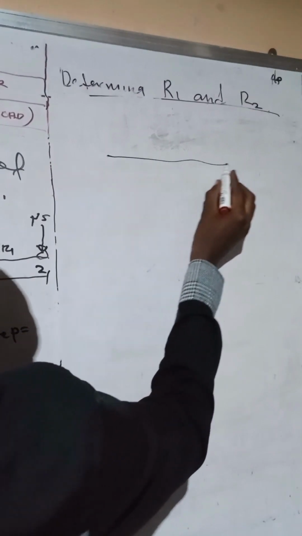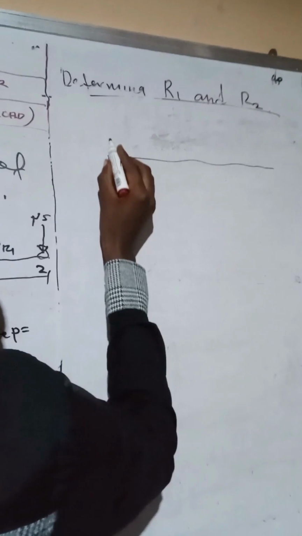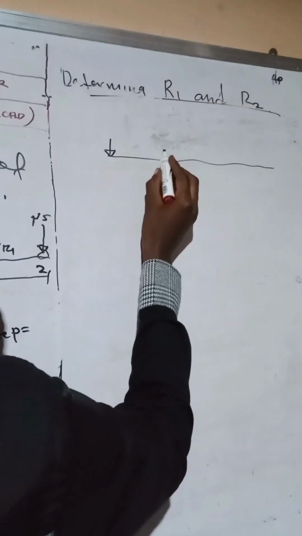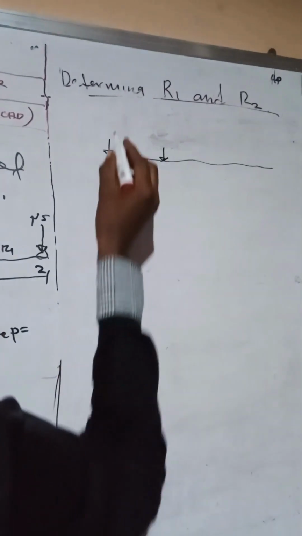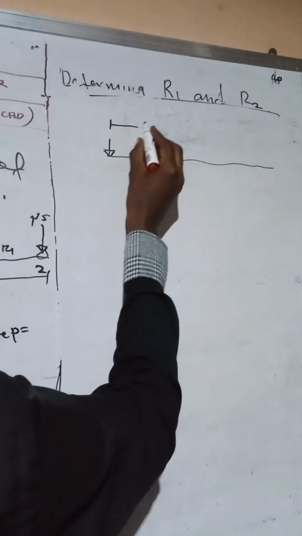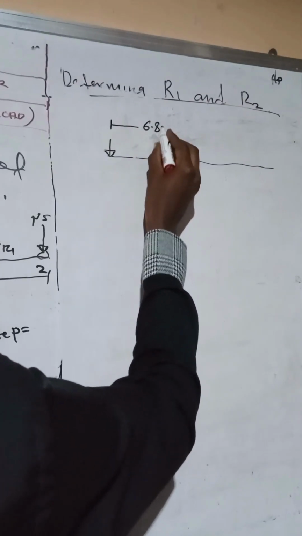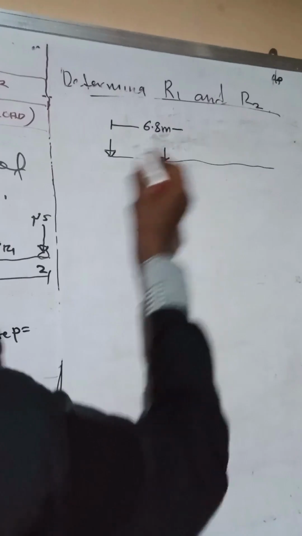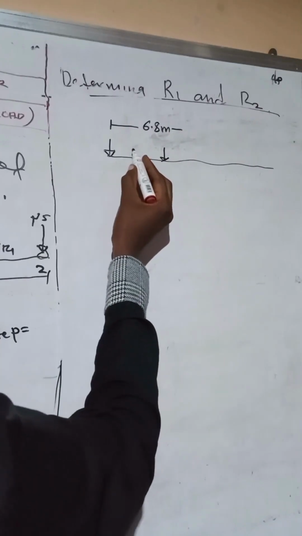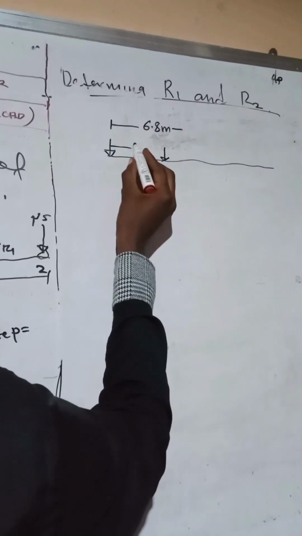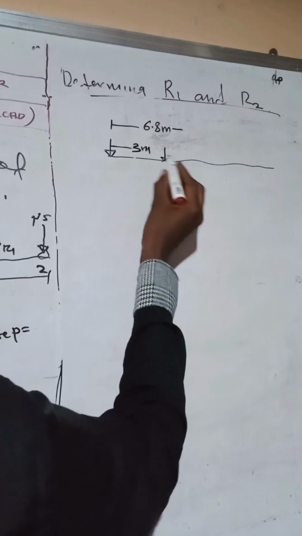So we'll say this is our dynamic load we have here. From here to somewhere, yes, 6 meters. Remember that we have here to be 3 meters, and here to be 3 meters.